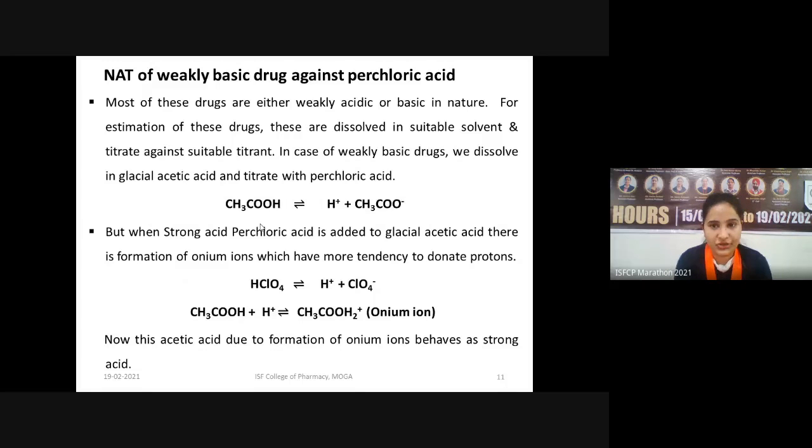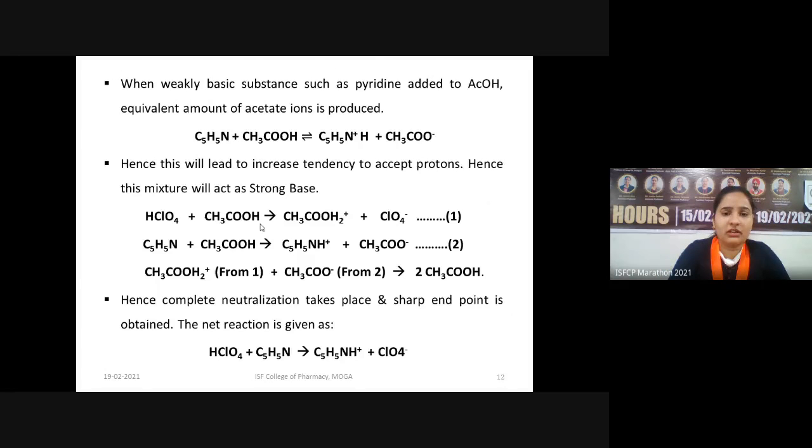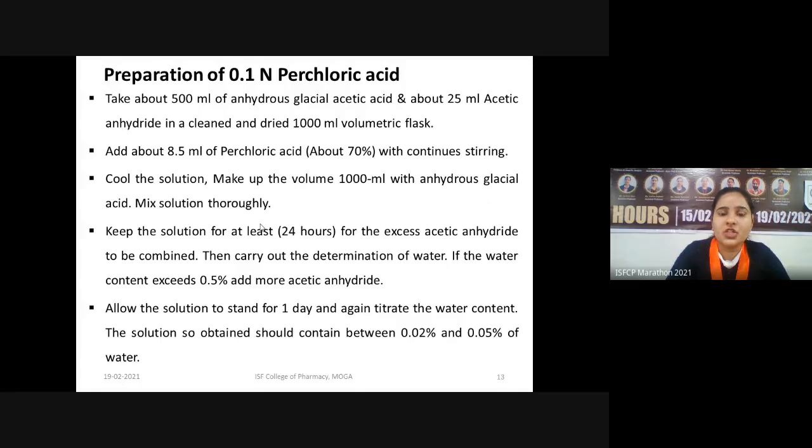We have used acetic acid as the solvent medium, the base here is pyridine, and the titrant which we are using here is perchloric acid.